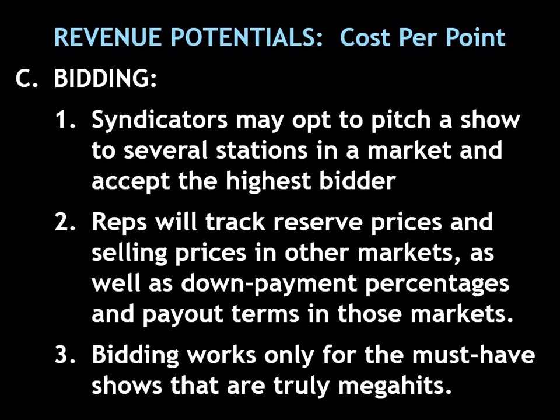So in general, the syndicators are going to set the rates that they want based on all the information that we've talked about. But if there is a wildly popular show that is going on syndication, they may just turn it into an auction format, and the show winds up going to the station that bids the most to get the show.